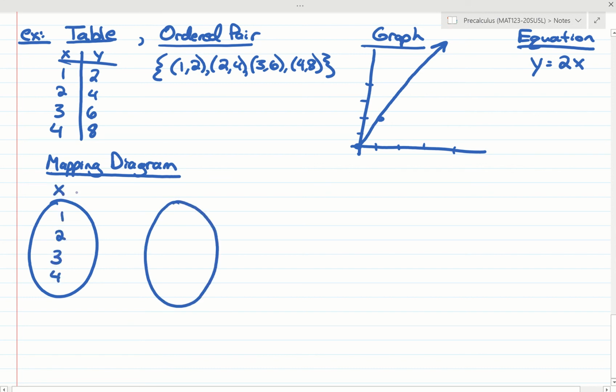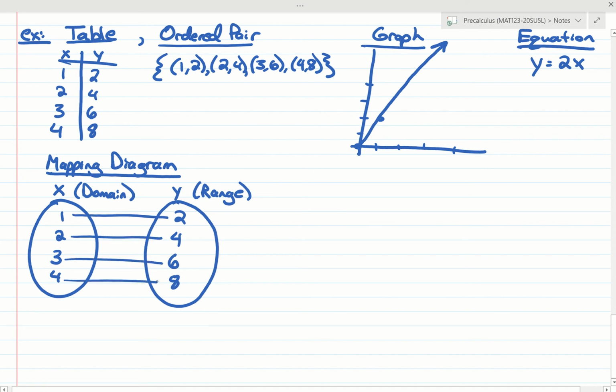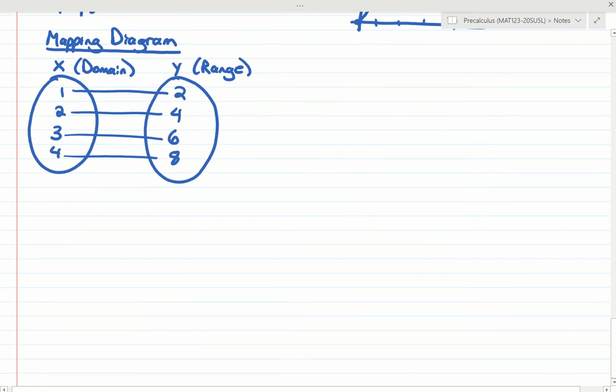Those are our x values, also called the domain. And then we have range, or y values, and those would be 2, 4, 6, 8. And we could just draw lines like this, like when x is 1, y is 2. 2 goes to 4, 3 goes to 6, and 4 goes to 8. This will come more into play when we talk about a function.